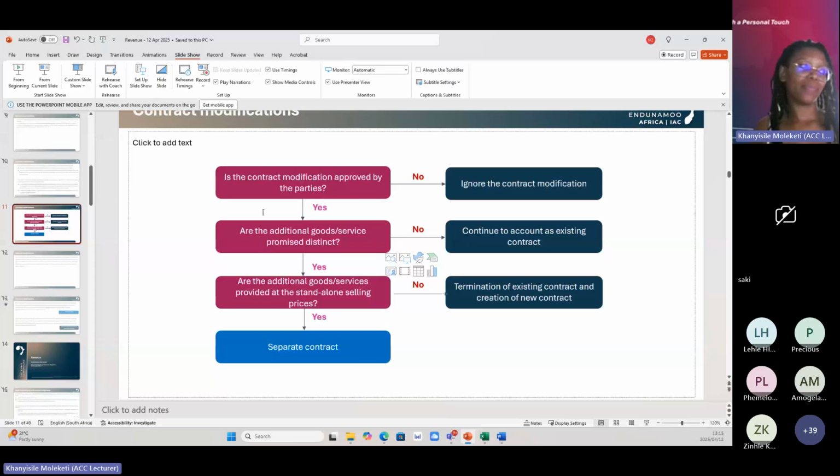Yes. Okay. So what we do then is we keep the refund liability, we keep the revenue, but based on what the change is, we'll make an adjustment. So let's say initially we recognized, let's make it easy, 99 Rand as revenue, 1 Rand as refund liability. So our initial total transaction price was 100 Rand.